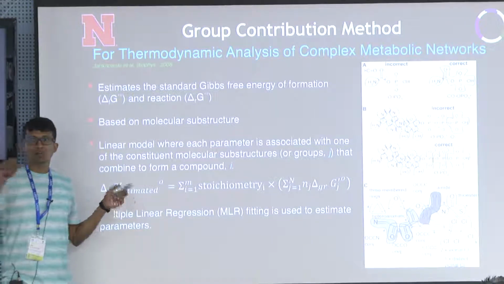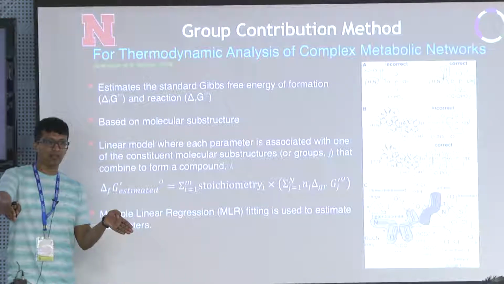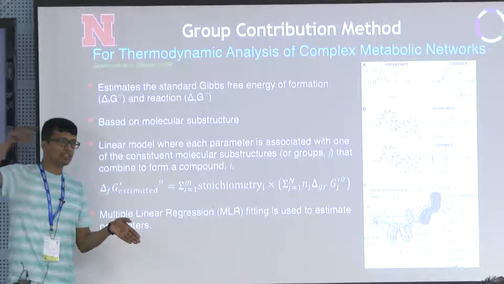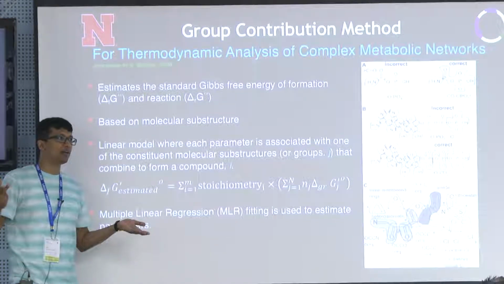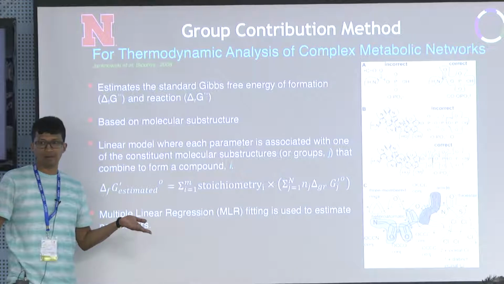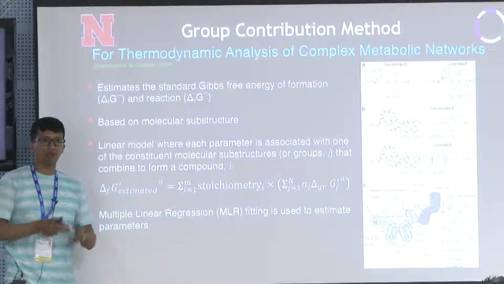Now, when I have the delta G formation of all the compounds involved in my reaction, I will consider what is in the product minus what is in the reactant, and then I will see what my delta G looks like, right. It will be either positive, it could be negative, or it could be a range.